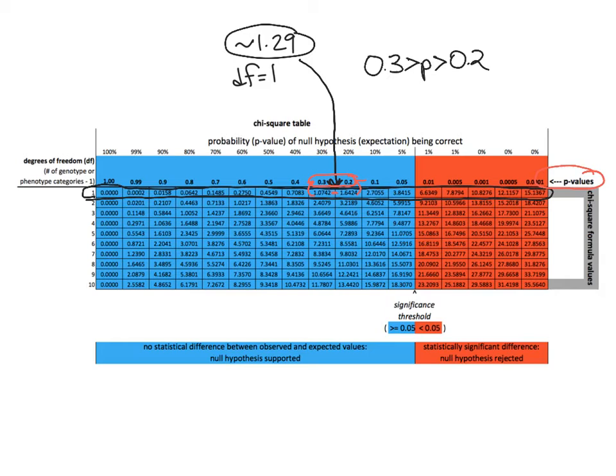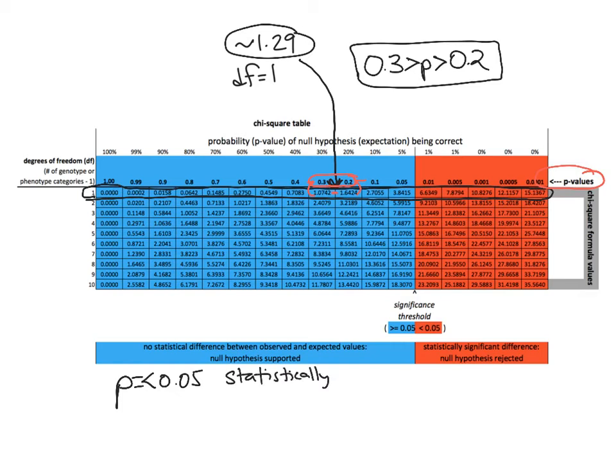So this is what you'd report the p-value as if you use a chi-square table. If you use Excel or Google Sheets, you can calculate the exact p-value, not a range, but just a single number. That is the p-value. Lastly, to interpret, p-values less than or equal to 0.05 are indicative of data that are statistically significantly different.